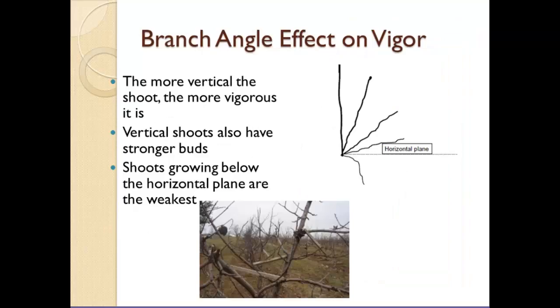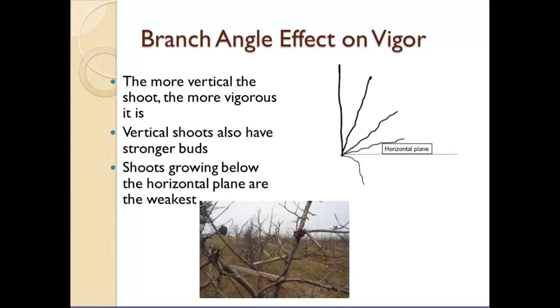So here's why you're so concerned about trying to get that branch angle closer to a horizontal plane. The more vertical the shoot, the more vigorous it is. And so if you have these shoots growing upright, you always have excessive competition with the leader. So this is one of the ways to reduce some of your pruning, by getting more horizontal shoots. The vertical shoots also have stronger buds. So obviously you're kind of doing a balancing act.